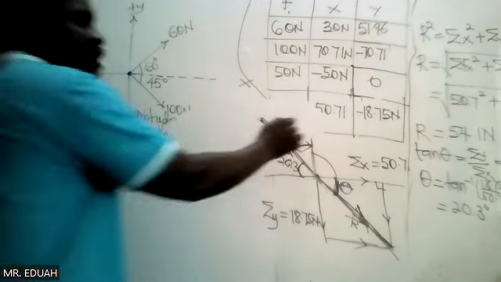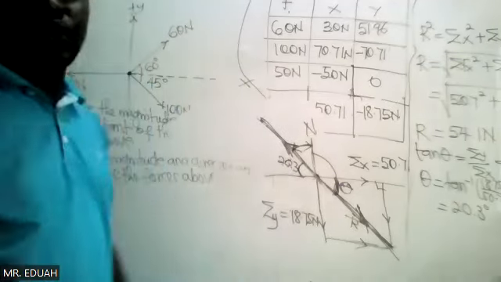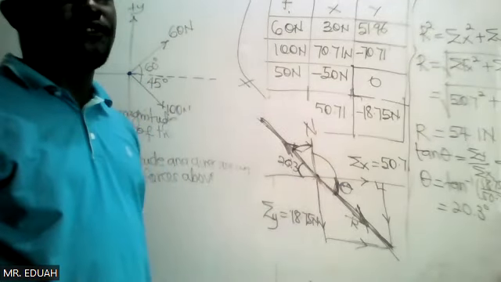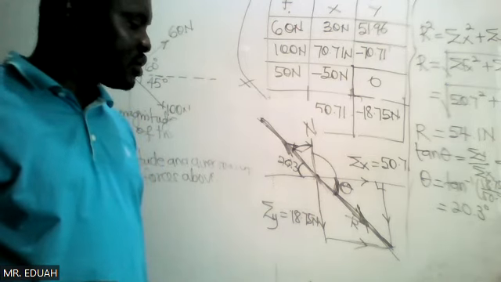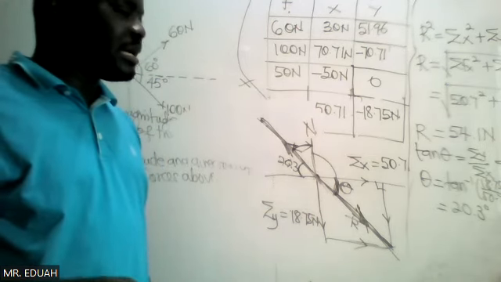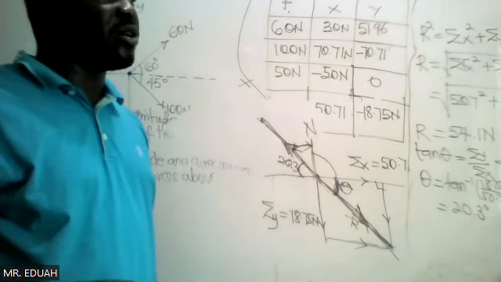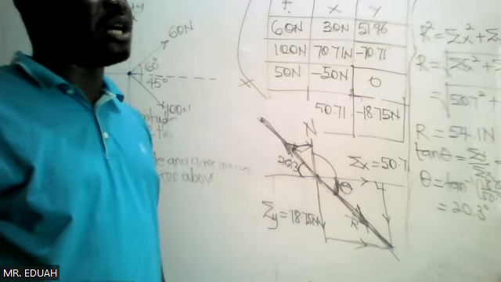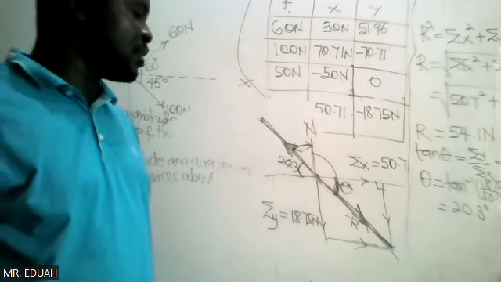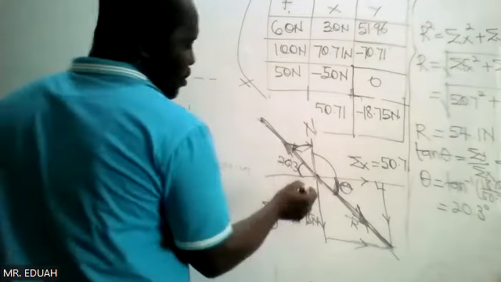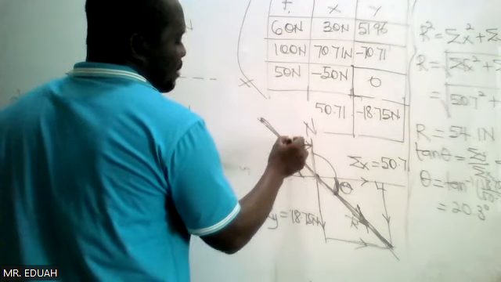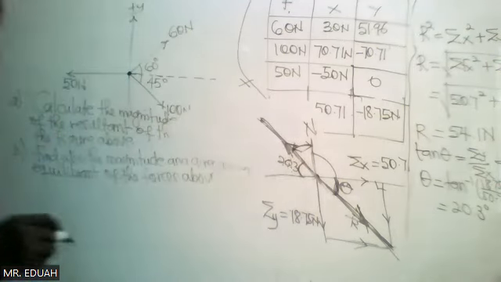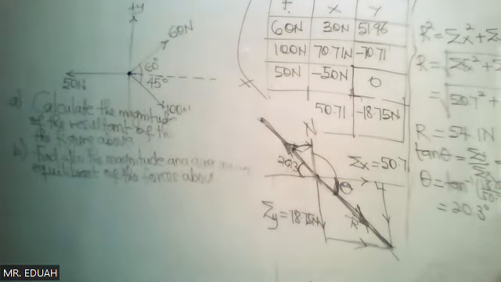So, if we are at the north and we want to determine the direction, I'm always making reference from the north because conventionally, angular measurement in bearing is from the north. So when you subtract 20.3 from 90, do that for me. 69.7.